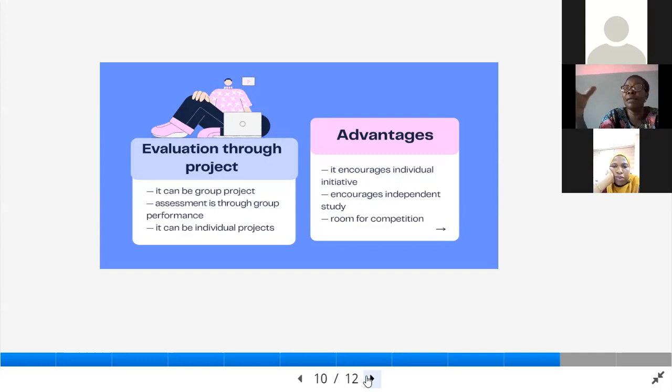You can ask them, now, if you are teaching them something like, assuming you have taught soil, I have told you there are types of soil. Or maybe, okay, let's continue with religion and moral education. You will ask them to go and pair in groups.